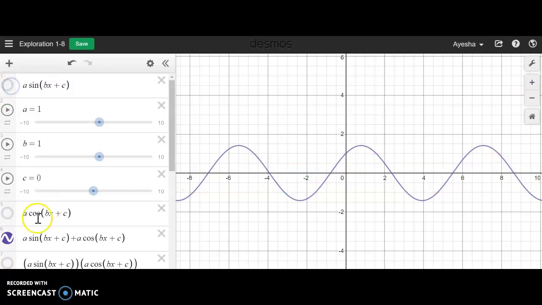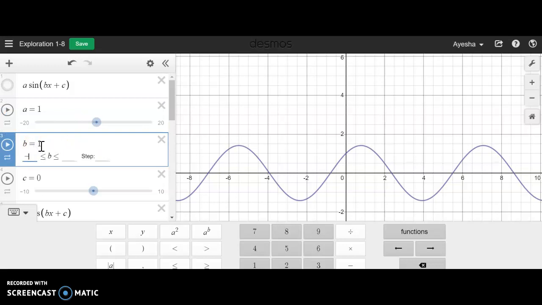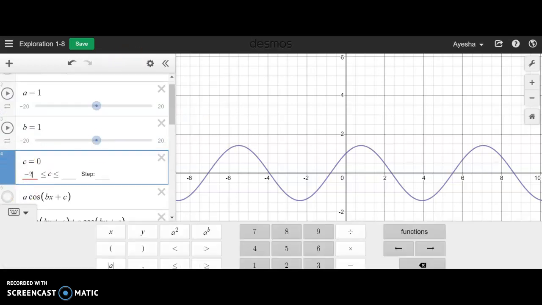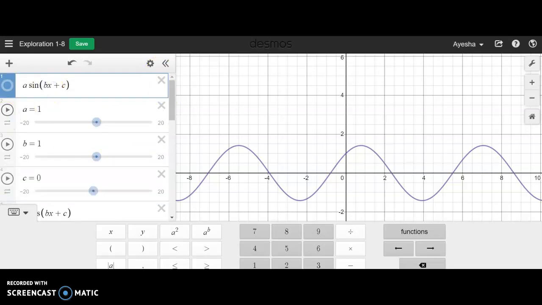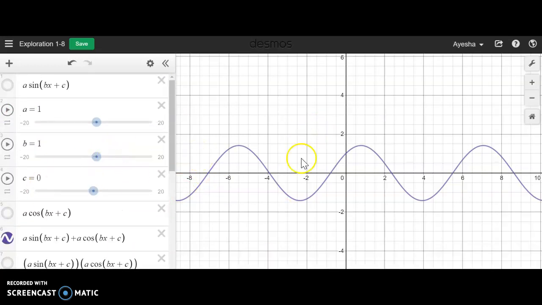We're going to keep h of x on the screen, and I'm going to change the range of a to negative 20 to positive 20, and do the same here, just to have a little bit more variation in the numbers that we're testing for a, b, and c.